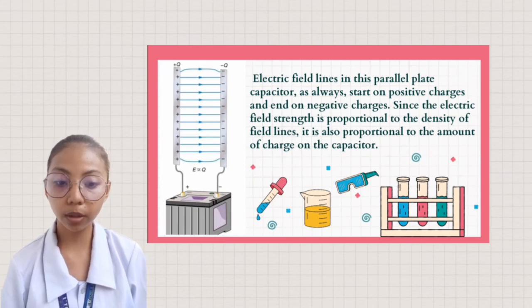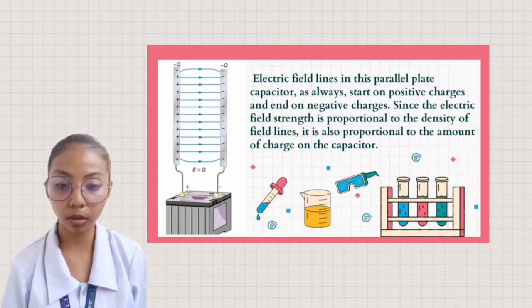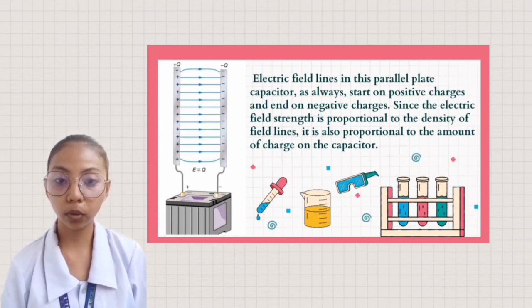The electric field strength is proportional to the density of these field lines, and it correlates with the amount of charge on the capacitor.